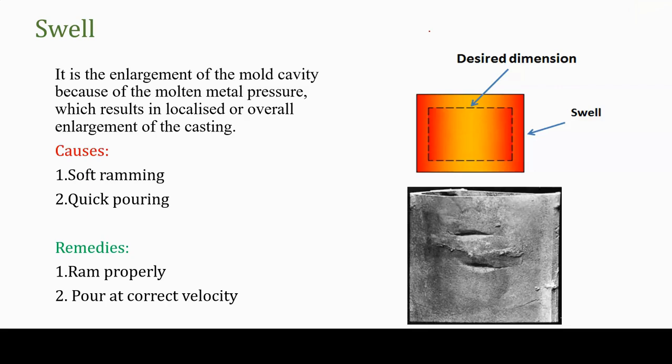For example, we are supposed to have a part like this, but it will be enlarged like this. You can see here. This is caused by soft ramming or quick pouring of the molten material. This can be avoided by ramming properly and pouring at the correct velocity.